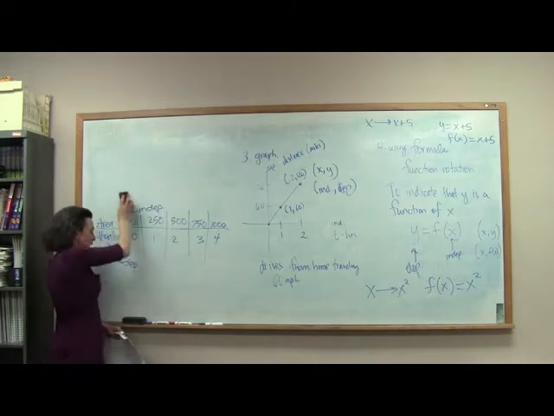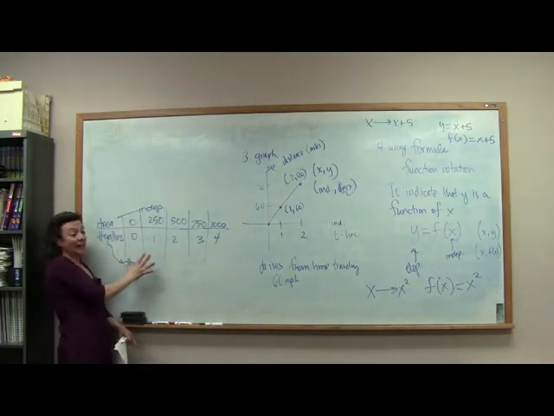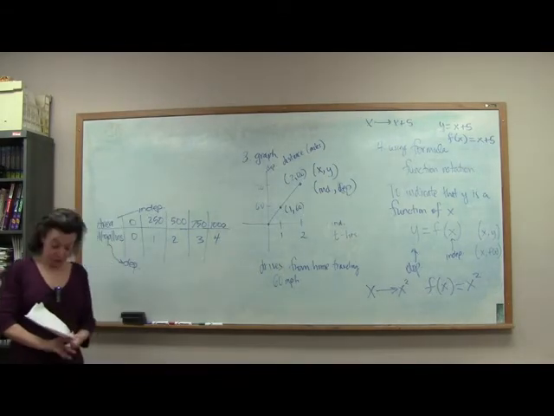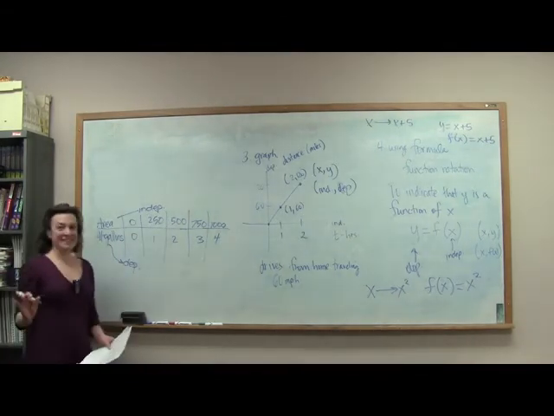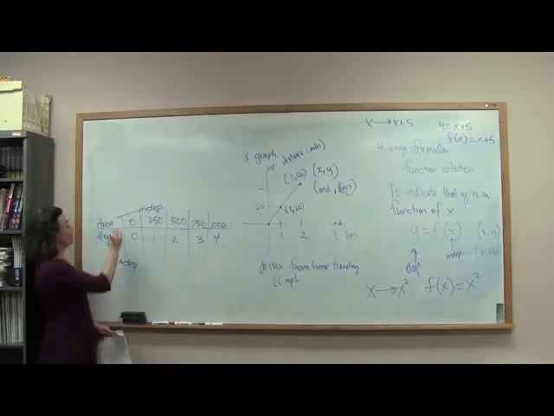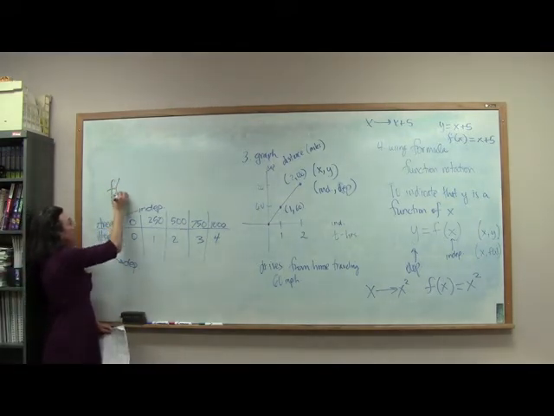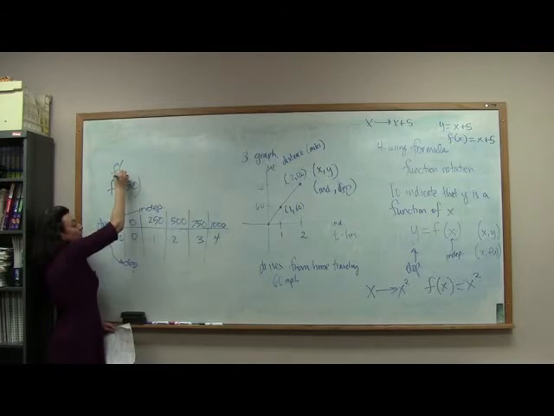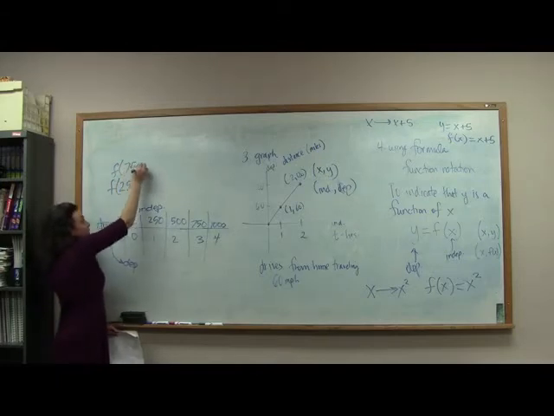Okay? Now, notice here, we don't actually have a function written. Pretty soon we'll be able to write a function for this. We're not there yet. Okay? But I claim, given this table, I can ask you, hey, what is f of 250? What is f of 750?